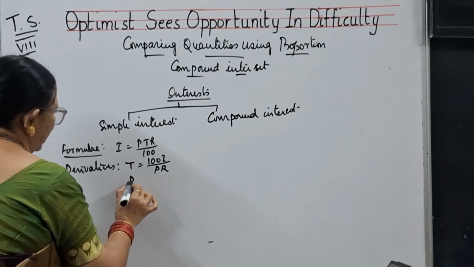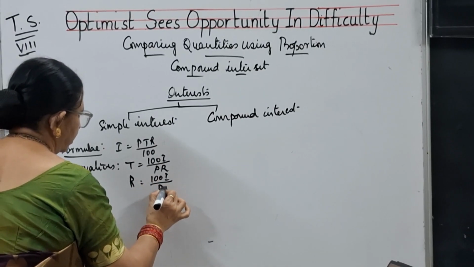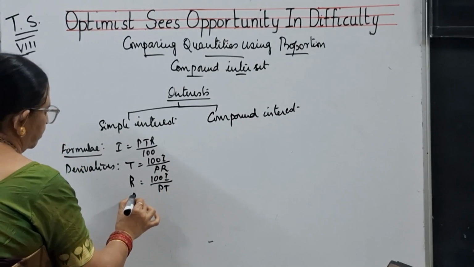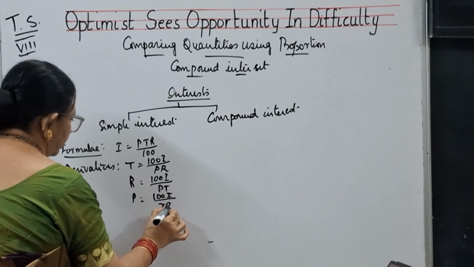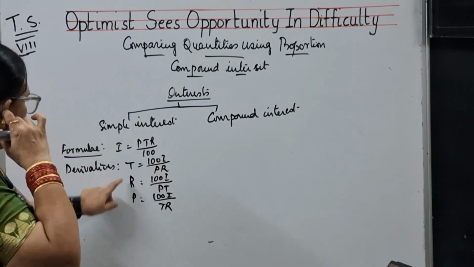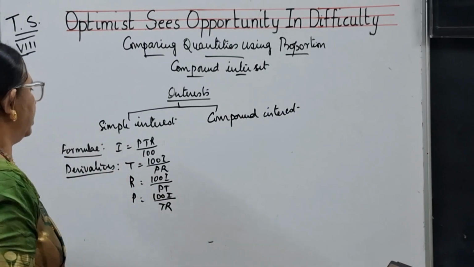Suppose you want rate, this is 100 I by PT. Suppose you want principal, 100 I by TR. These all are the derivatives of this formula I is equal to PTR by 100.